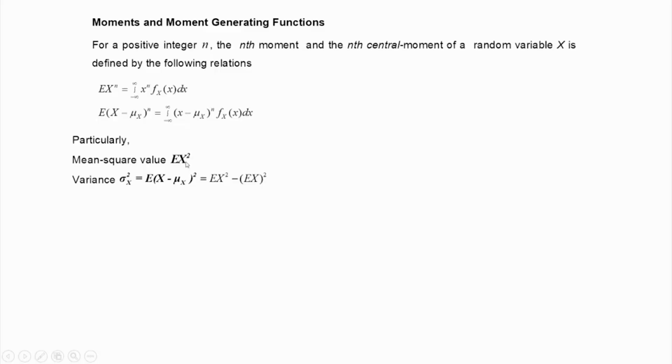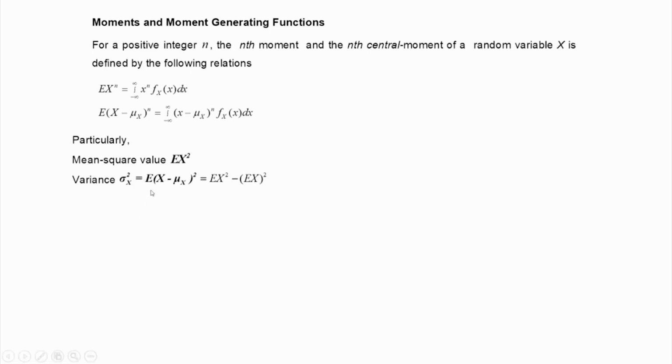Particularly, we are more interested in E of x square, that is when n is equal to 2, that is the mean square value of a random variable. Similarly, variance, that is sigma x square, is a measure of variability of the random variable.